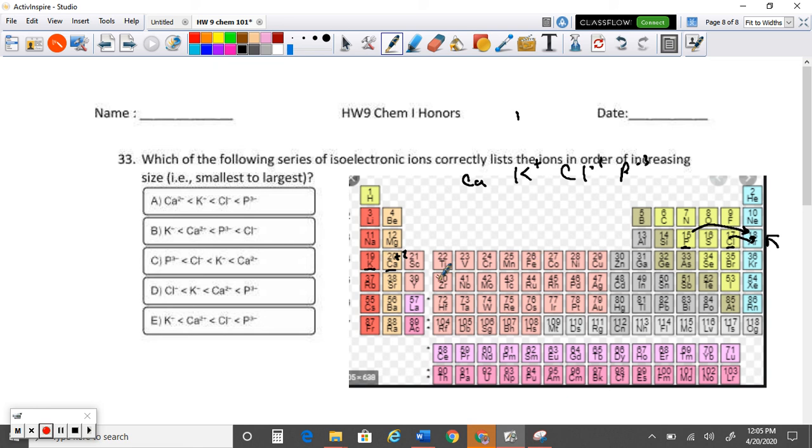So the largest is going to be phosphorus, because it gains 3 electrons.